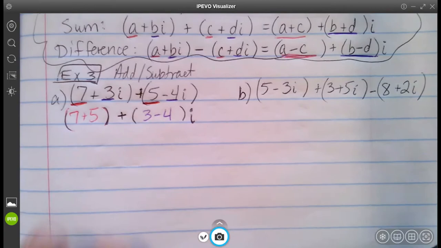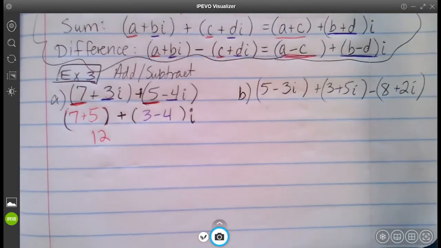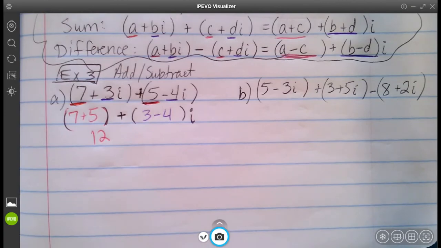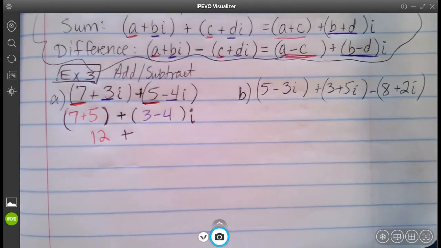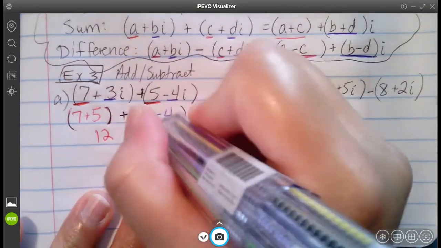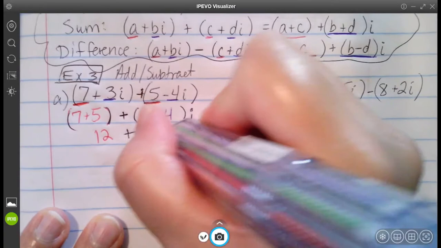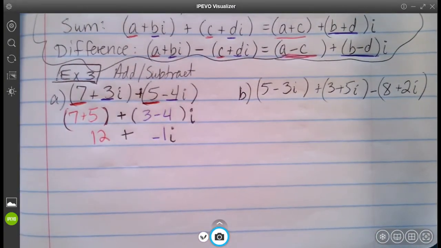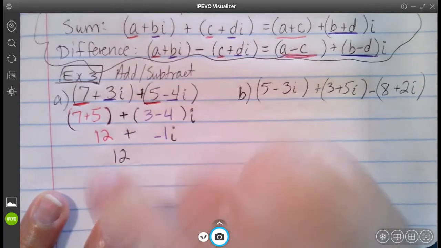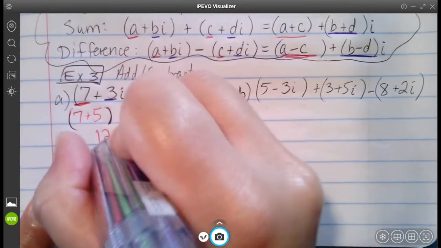And then we just combine. So 7 plus 5 is 12. Okay, and 3 minus 4 is going to give us -1. So -1, and then we just bring down our i. Okay, and this looks a little bit weird, so I'm just going to write it a little bit nicer. So 12 plus negative gives me a minus i.